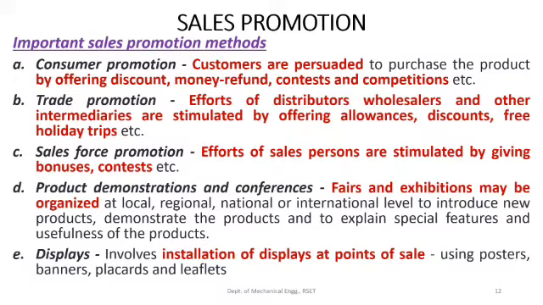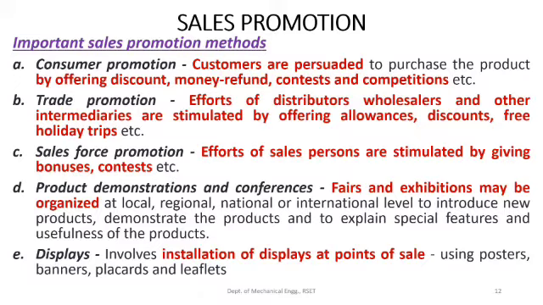So, an example for trade promotion would be the case where if an intermediary, like say a wholesaler, distributes or sells a certain amount of products in a certain time period, say 10,000 units of product X in a period of 1 month, then they might be given an offer that if you sell such and such amounts in such and such time, then the next 10 products might be completely offered as free.